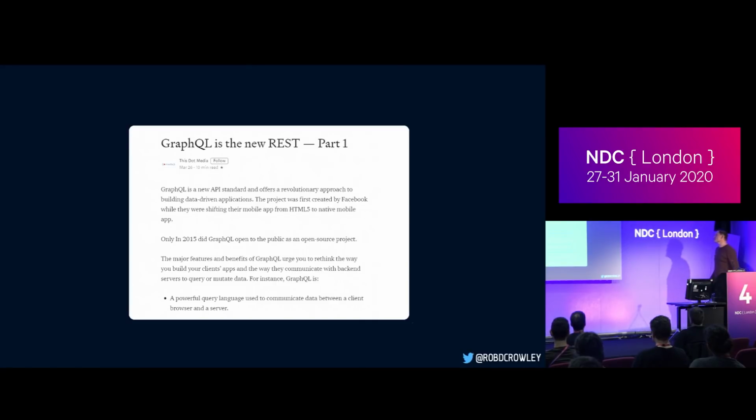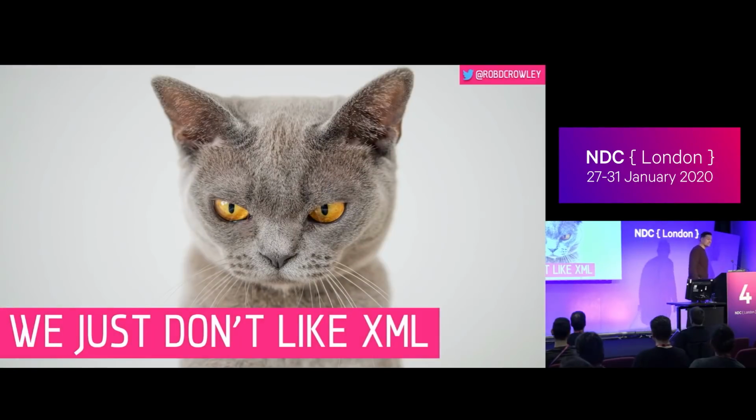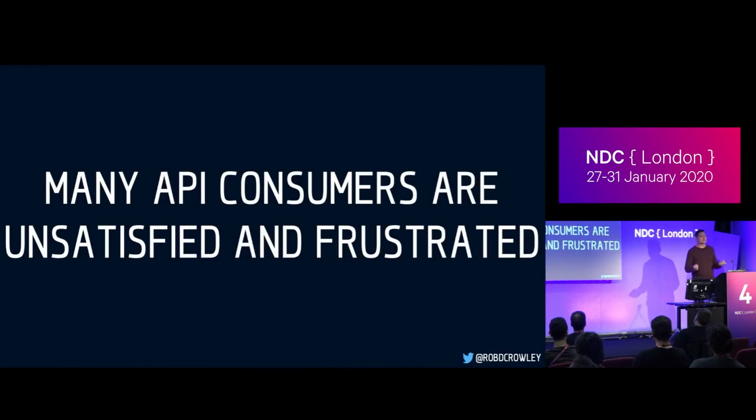So I guess what can we learn from that? We could rather whimsically say, maybe we just don't like XML and we get on with it. But I think we'd be missing a rather large point there, because really I feel the issue is deeper seated. I feel many of our API consumers, so the people consuming our APIs, using them every day, reading our documentation, calling them, are unsatisfied and frustrated.